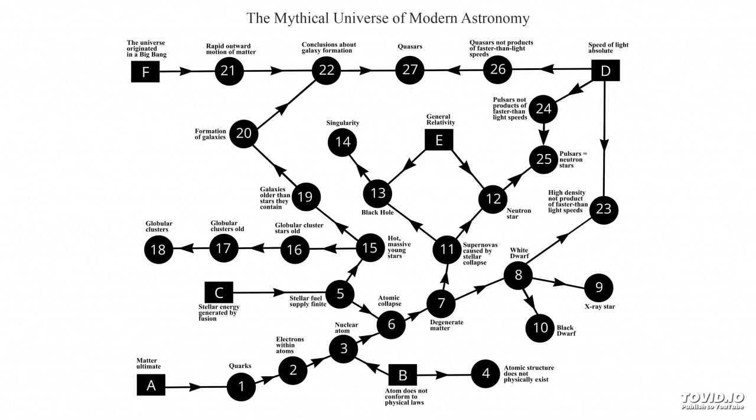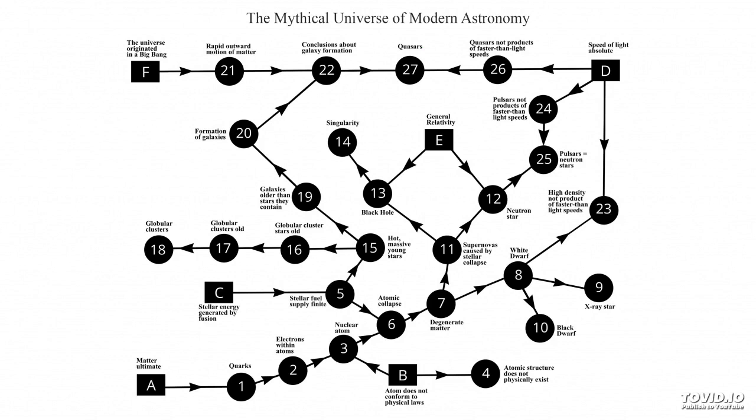Where the numbered conclusions refer to entities or processes that are totally non-existent, I've also shown the names. Those numbered conclusions that are not accompanied by names refer to entities or processes that actually do exist, but that differ in some significant way from the description that we get from the astronomers.